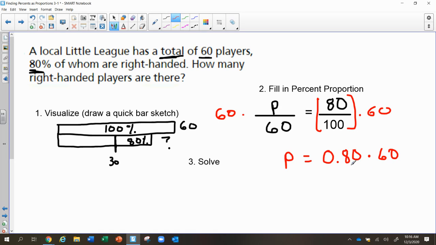Just like we did 80% of 60, we multiply the percent by the whole. When I solve, I just multiply. And if you did that in a calculator, you would get 48 players. Does it fall between 30 and 60? Yes, I'm checking. It makes sense.